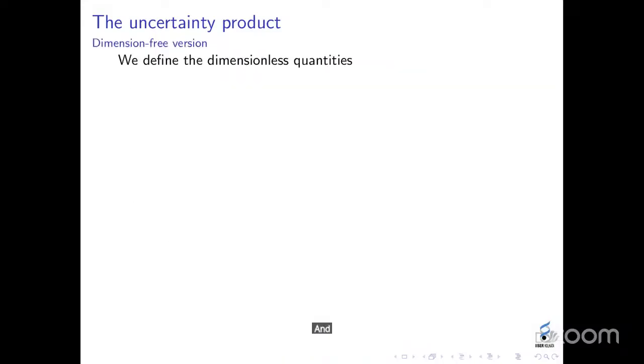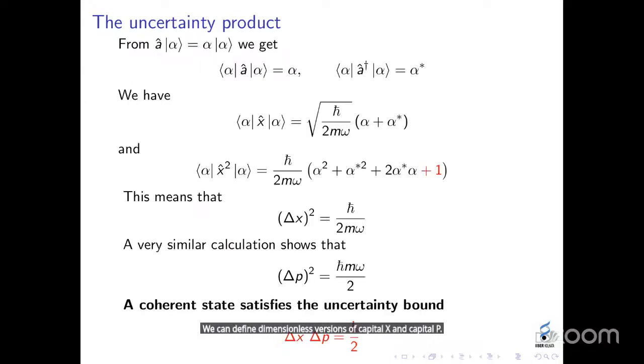And well, in order to make the relation even more striking, we can define dimensionless versions of capital X and capital P. If you look at these equations, delta X and delta P look a bit different. But that's simply because they're dimensional quantities with different dimensions. Of course, they will never look the same.